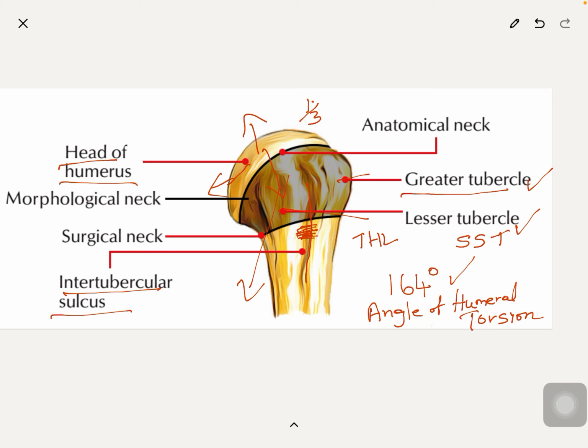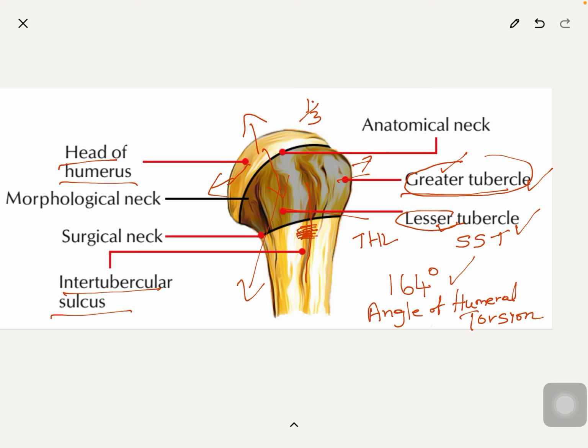Now we will see the greater tubercle. The greater tubercle is slightly more prominent than the lesser. That's why it is called greater, and the other one is called lesser. The greater tubercle is the most lateral part. How do we identify the side of the humerus? After you know all the parts, I will tell how to identify the side of the humerus.